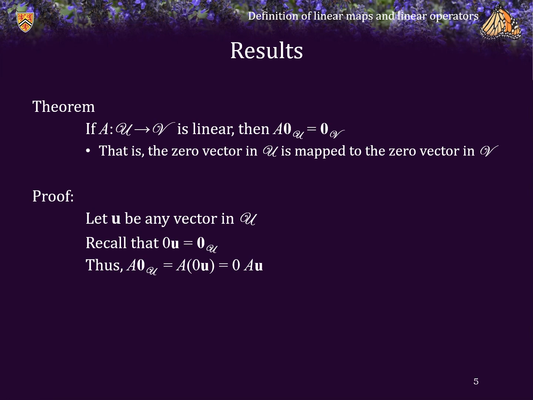But if A is linear, then we can take the 0 out of the application, and so that needs to be equal to 0 times the image of u under A. But wait a second, the image of u under A is a vector in V. So 0 times a vector in V is the 0 vector in the vector space V.